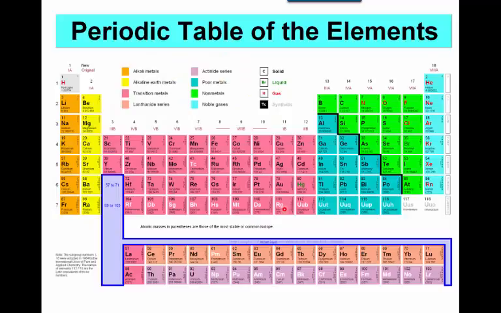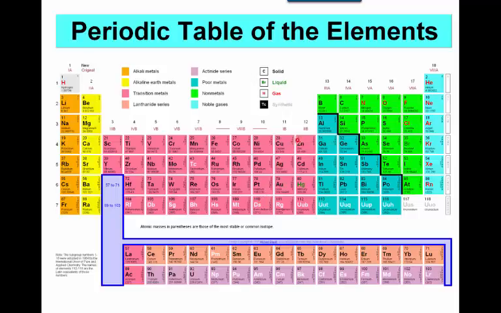This is the periodic table of elements that you have probably seen in your chemistry class somewhere. The metals, transition metals, are all these pink ones right here. You see there's copper, number 29, there's nickel, cobalt, zinc, this is gold, this is silver, platinum. So these are all conductors, right?